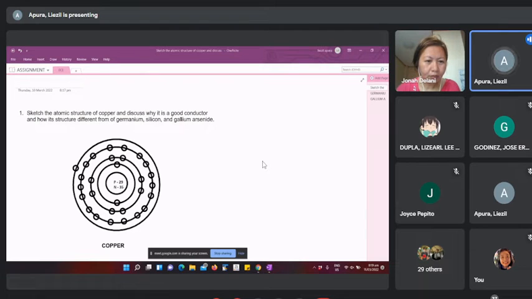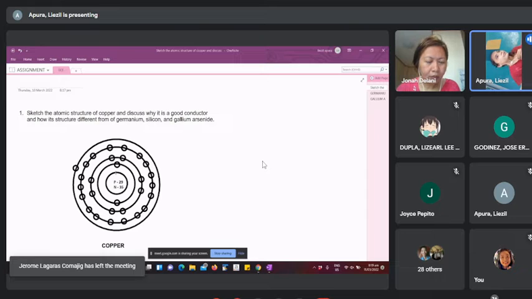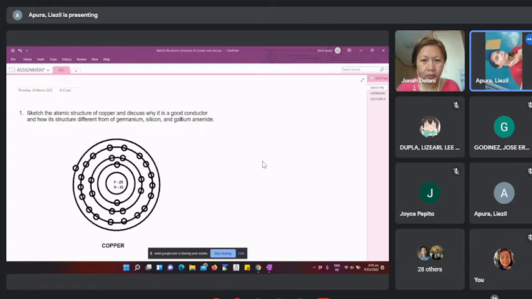So this figure illustrates the atomic structure of copper, which contains 29 protons, 35 neutrons, and 29 electrons. The number of valence electrons in the outermost ring is only one, which implies that copper conducts easily and that makes it a good conductor.